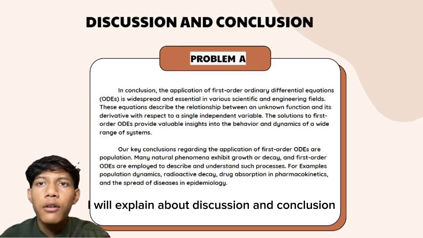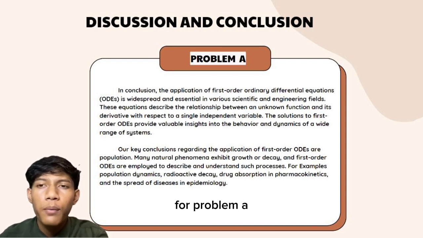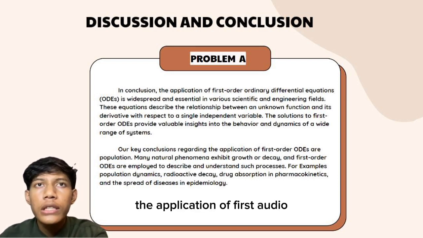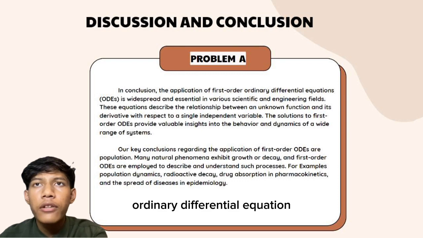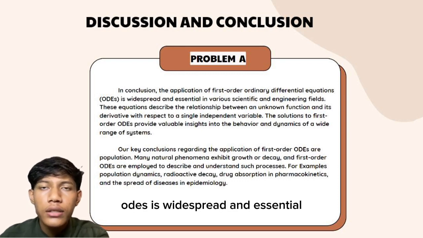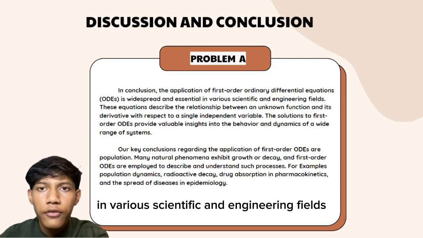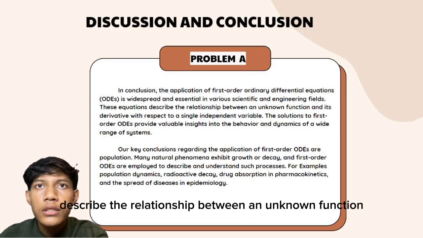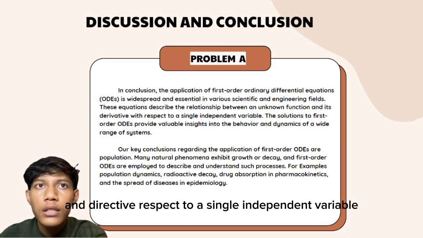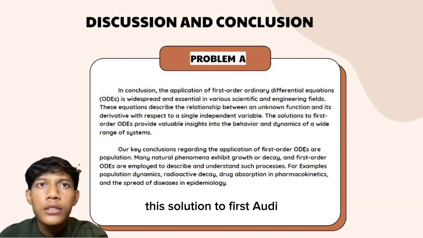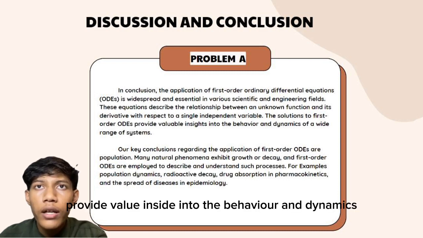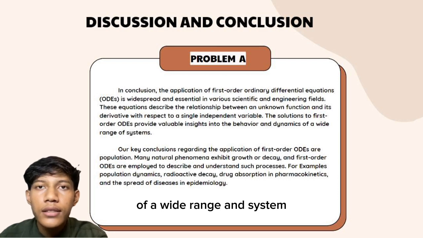I will explain the discussion and conclusion for problem A. In conclusion, the application of first order ordinary differential equations, ODEs, is widespread and essential in various scientific and engineering fields. This equation describes the relationship between an unknown function and its derivative with respect to a single independent variable. The solutions to first order ODEs provide valuable insight into the behavior and dynamics of a wide range of systems.